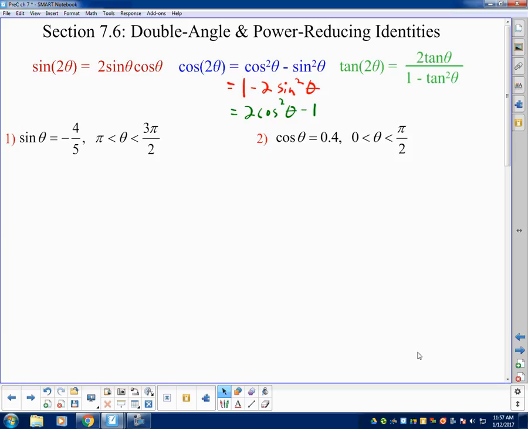The ones I remember using the most in Calc 1 were the power reducing ones. We use the power reducing ones combined with a method called partial fractions. That opens up a whole family of functions that you can then integrate. That's primarily what we use these for, just to rewrite.